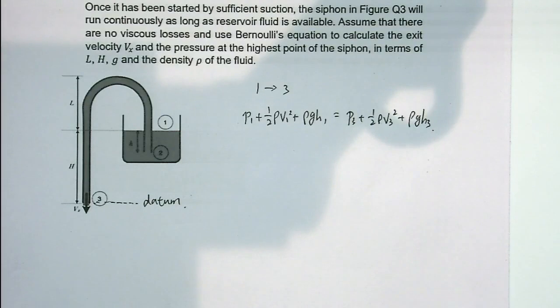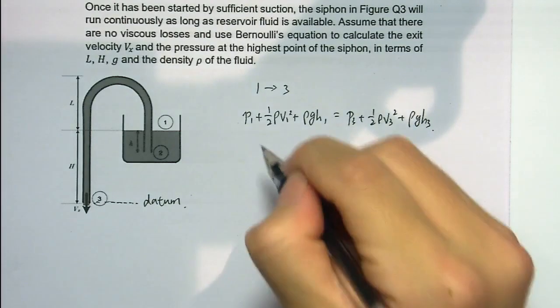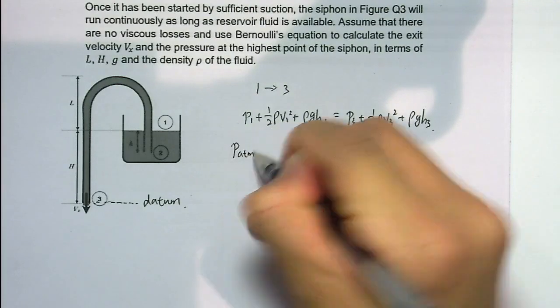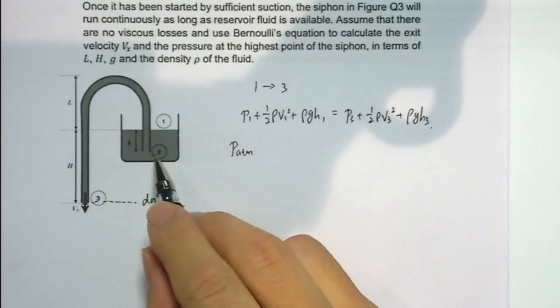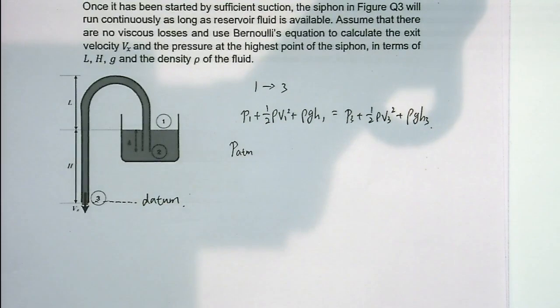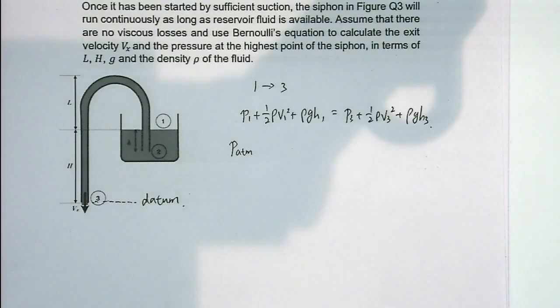So now, what is P1? It's linked to the atmosphere, right? So it is P atmosphere, and for 1, the velocity is 0.